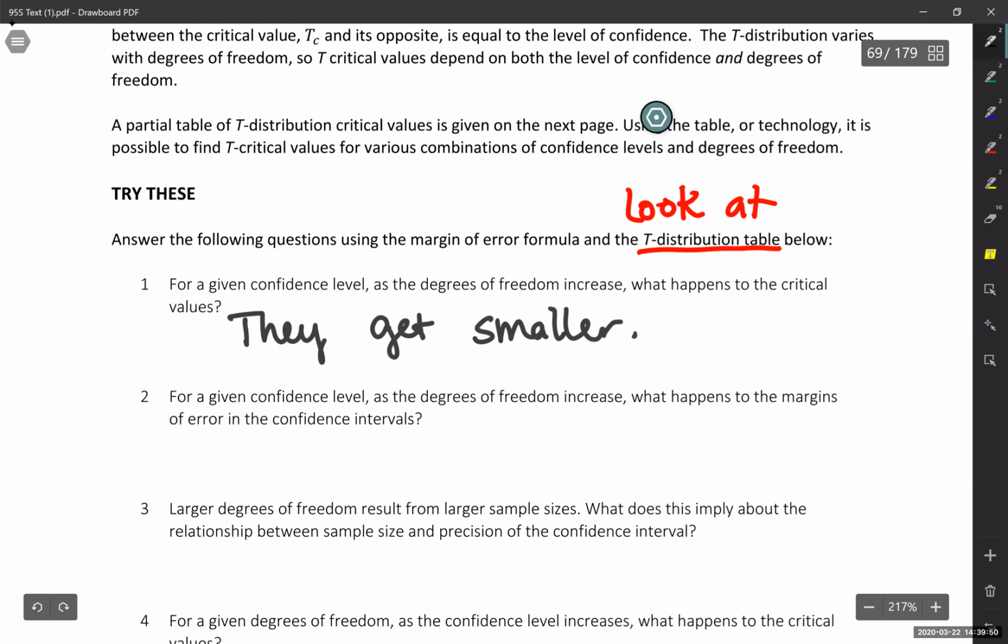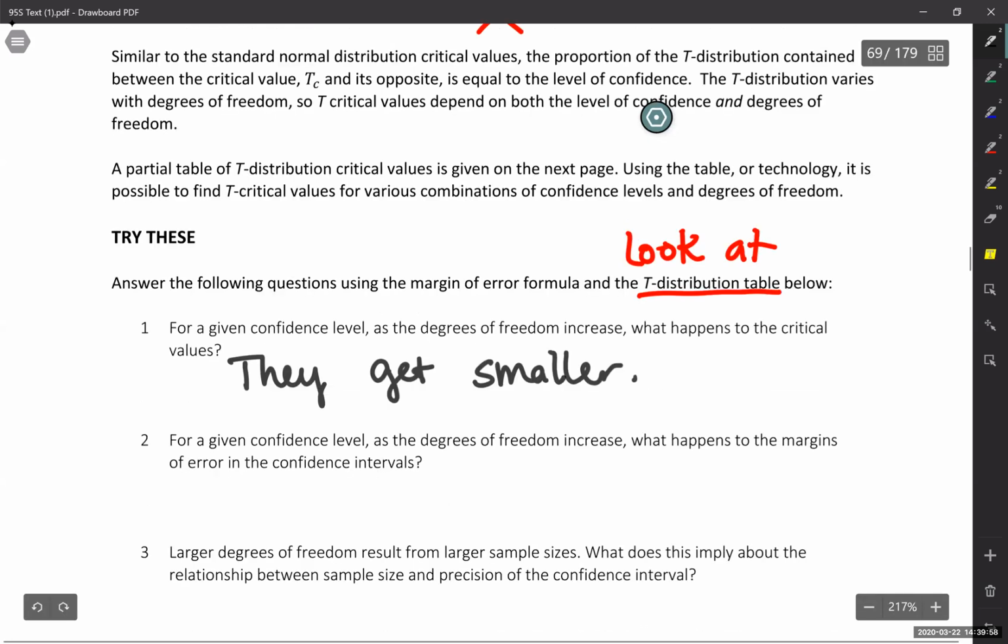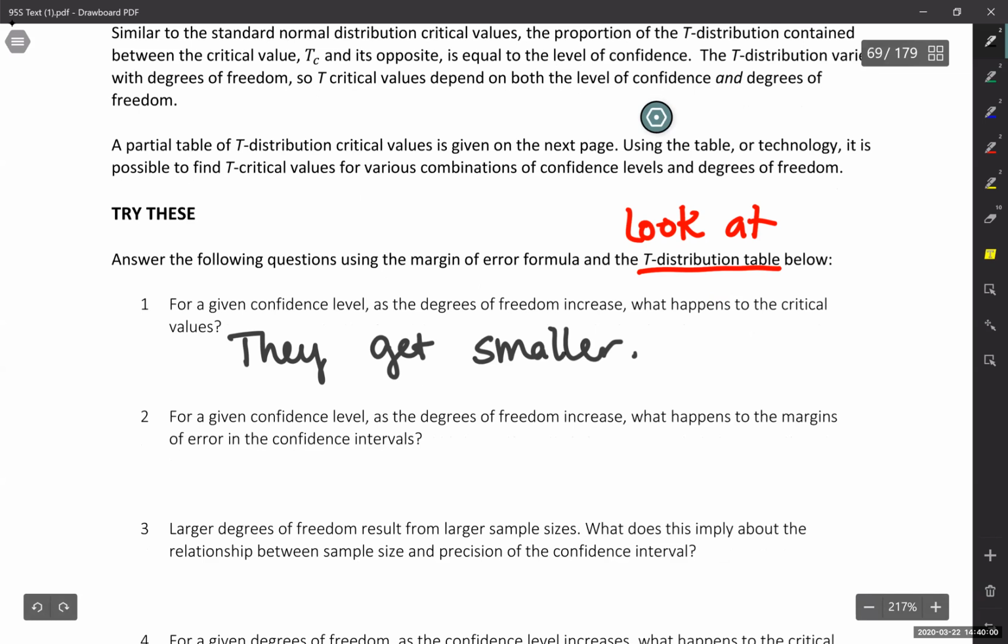For a given confidence level, as the degrees of freedom increase, what happens to the margin of error? Well, the formula is kind of far back, so I'm just going to rewrite it.